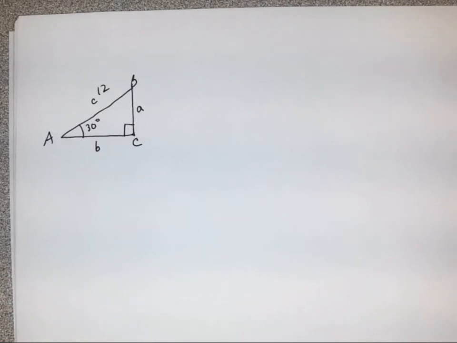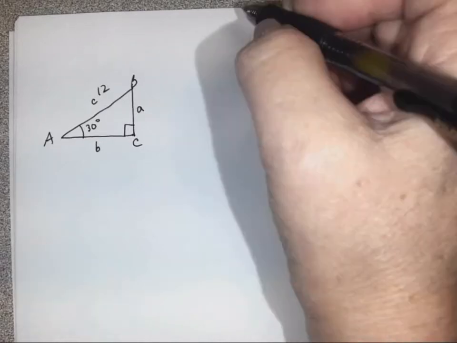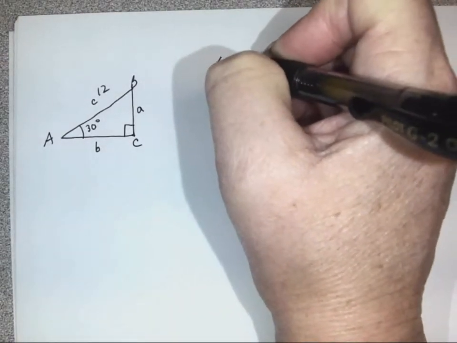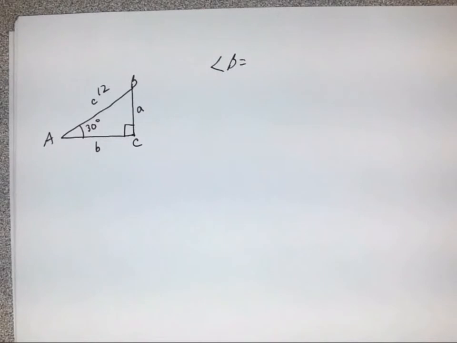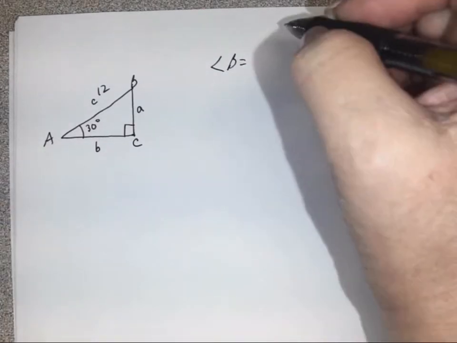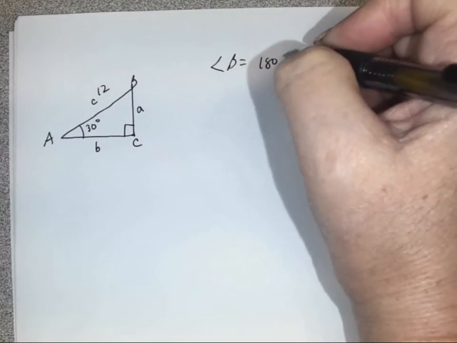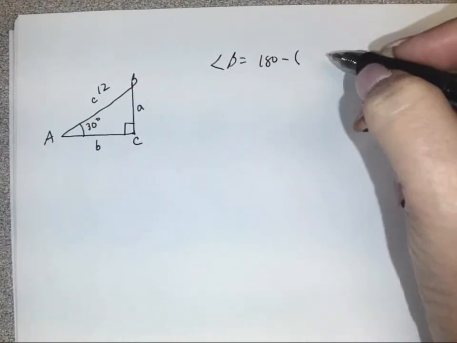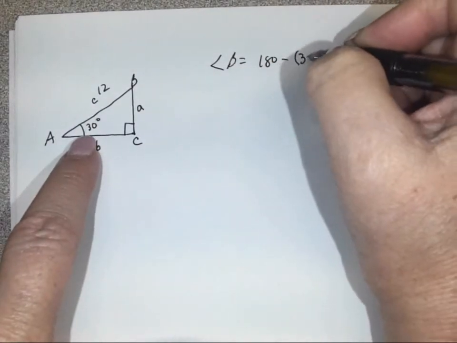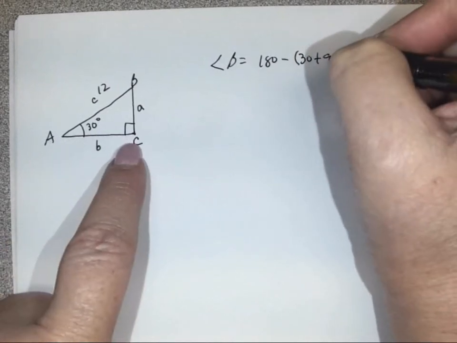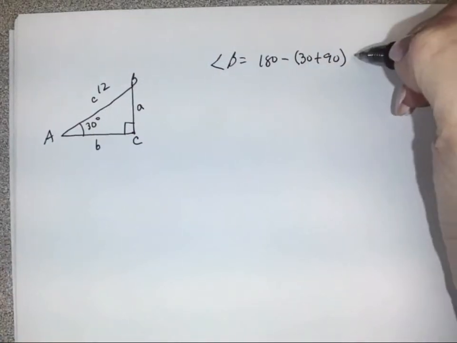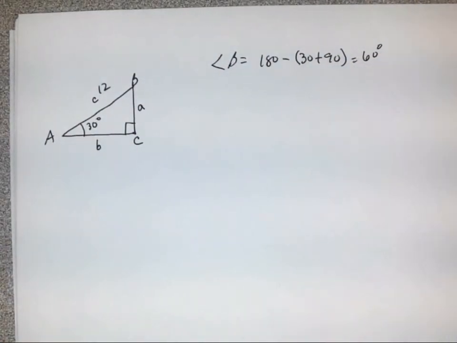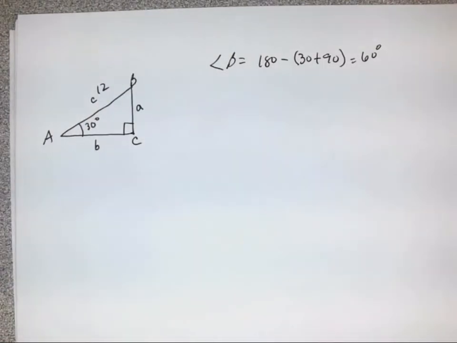The easiest part is that we can figure out angle B. We need to understand that all of the angles inside of our triangle equal 180 degrees. So we can take 180 and subtract out the 30 plus the 90, and that'll get us 60 degrees. So we now know that angle B is 60.